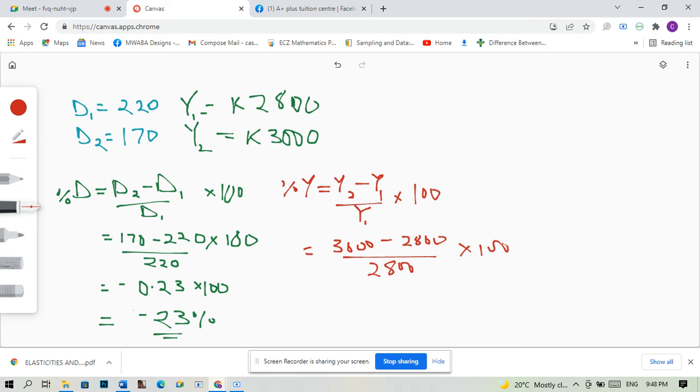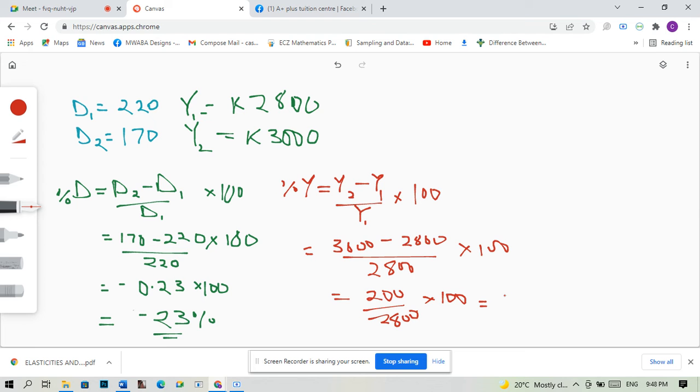So 3,000 minus 2,800 is 200, divided by 2,800. 200 divided by 2,800 we get 0.07, times 100.